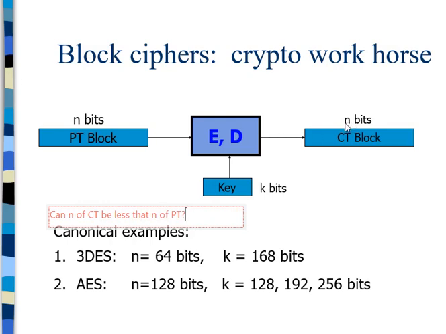Is it possible that n here in the ciphertext is less than n here in the plain text? It could be. Please think about that. No. Why? Because we will lose some part of information.